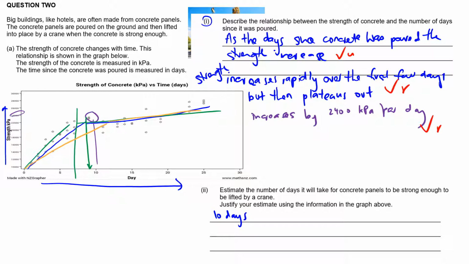That's what the marking schedule says. So 10 days got you an achieve tick. But really if you had said any day with the reason why you chose that, in other words you justified it with the graph, such as it starts to plateau out, that is your merit tick. So really you could have got anything as long as you justified why.